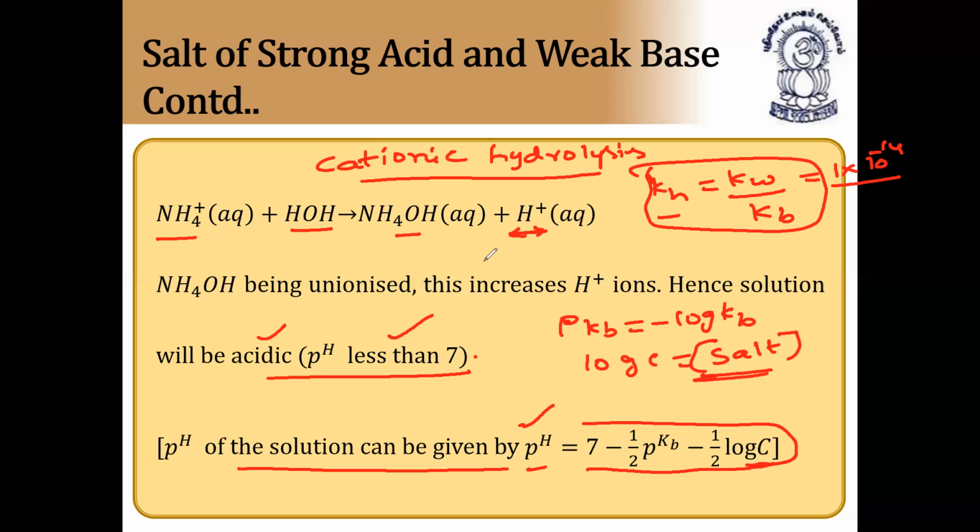And point number 2, how to calculate hydrolysis constant. Hydrolysis constant can be calculated by the formula KH is equal to KW by KB. And how to calculate pH for this type of solutions? pH is equal to 7 minus half into pKb minus half log C. So remember these 3 points, point number 1, point number 2, and point number 3.